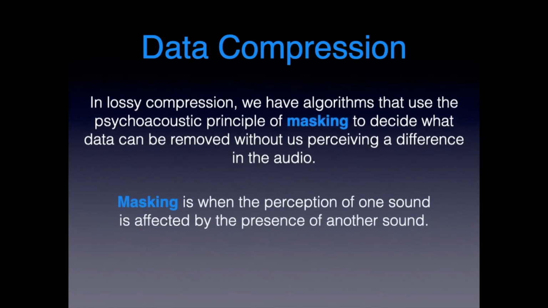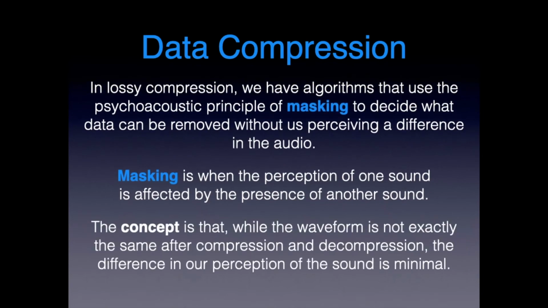It's making a guess as to whether we will perceive that that information has been removed or not. So it takes advantage of the idea of masking. There's frequency masking and amplitude masking, but the general idea is that while the waveform is not going to be precisely the same thing after compression and decompression, our perception of it is going to be almost the same.